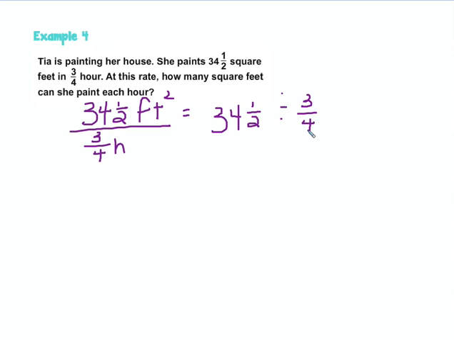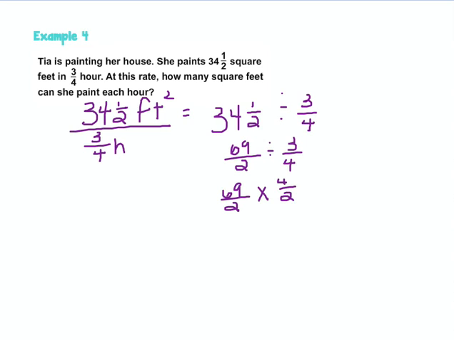Now that first fraction is a mixed number, so we need to make it improper. We do 34 times 2 plus 1, and we get 69 halves divided by 3/4. Now we rewrite it as a multiplication problem. So we get 69 halves, keep that fraction, change the sign, and flip the second one, 4 thirds.